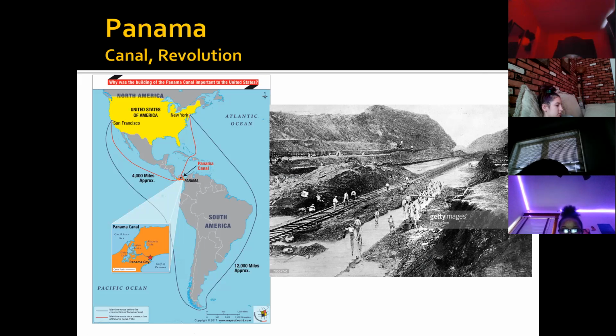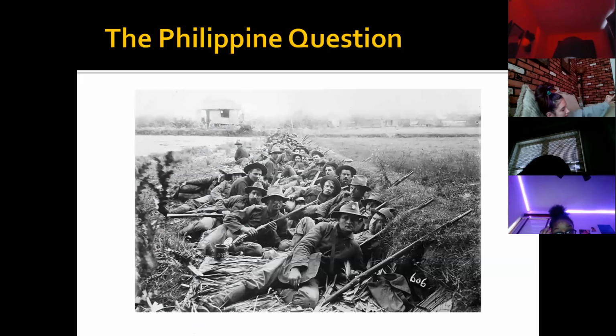And that is how the United States gets control over the Panama Canal. Another issue after the Spanish-American War is, what do we do with this new territory that the United States gets from Spain?